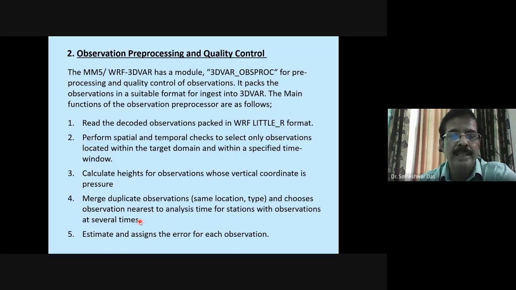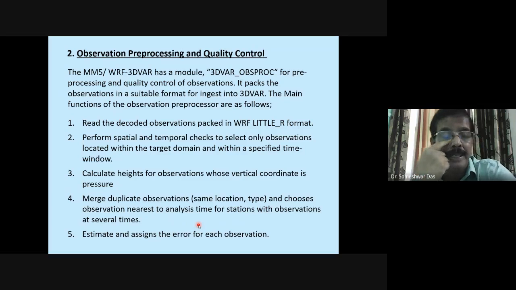Also, it estimates and assigns error for each observation. Okay, for each observation, there are certain known errors. We had discussed that earlier. Known errors are like instrumental error, which is provided by the manufacturer of the instrument, right? So those errors are known.